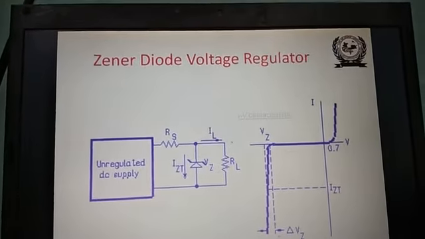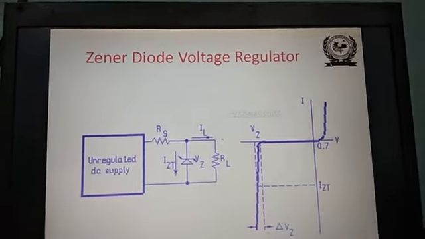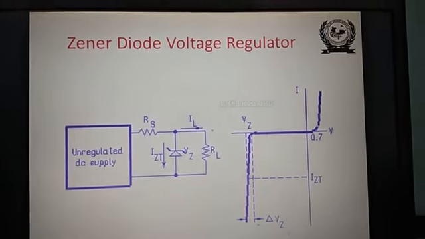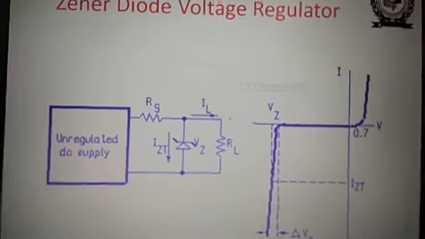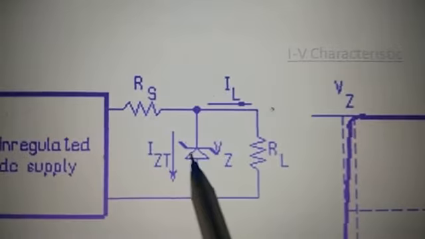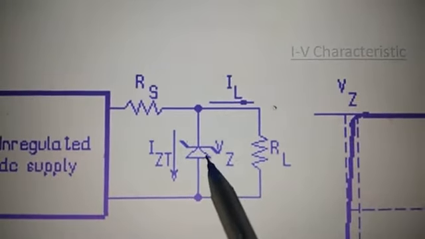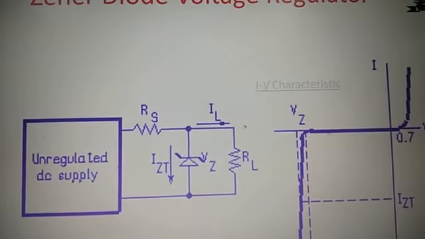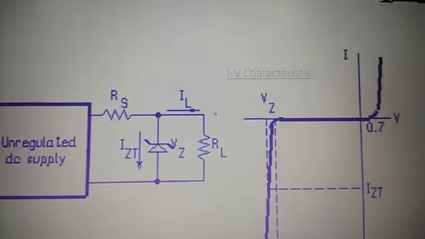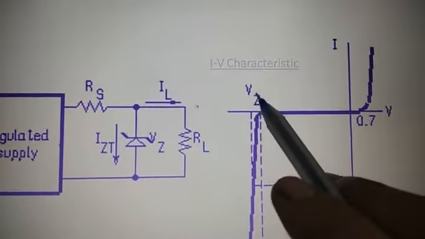Now, the basic regulator, which is in your syllabus also, is the Zener diode voltage regulator. You know what a Zener diode is? You can see this diagram. This is the symbol of the Zener diode, which we have already seen in previous videos. The Zener diode conducts in reverse bias, with the breakdown voltage called the Zener voltage.